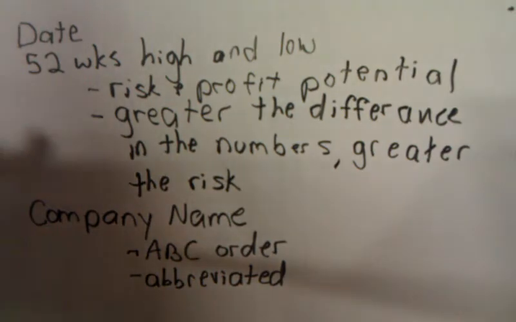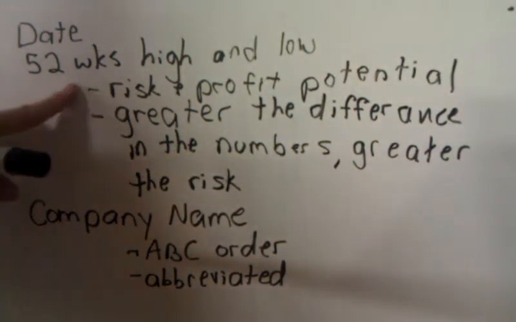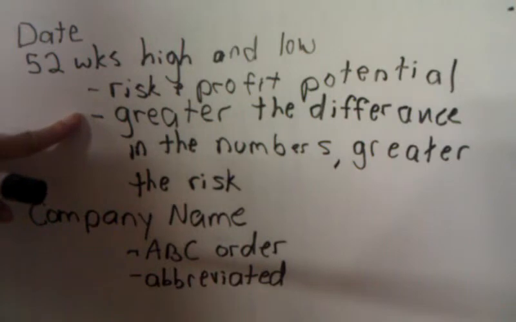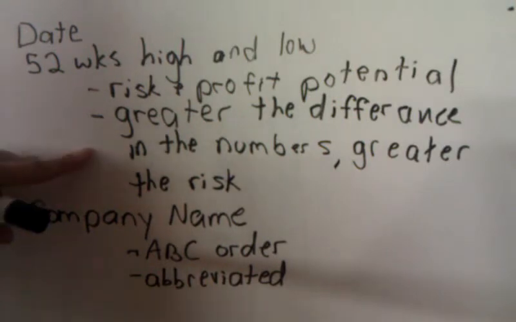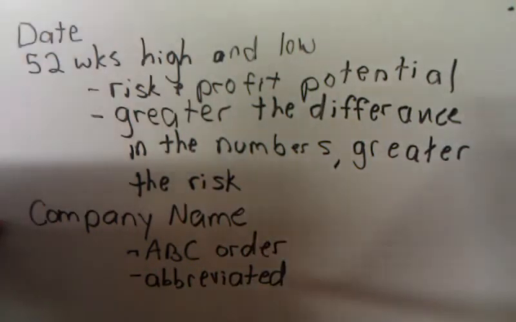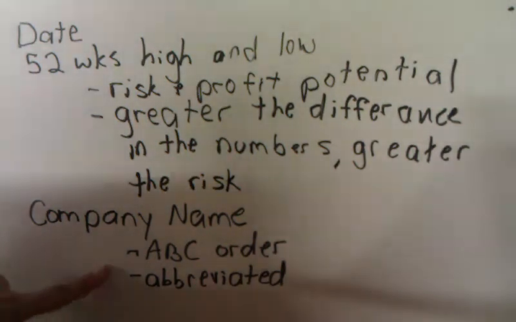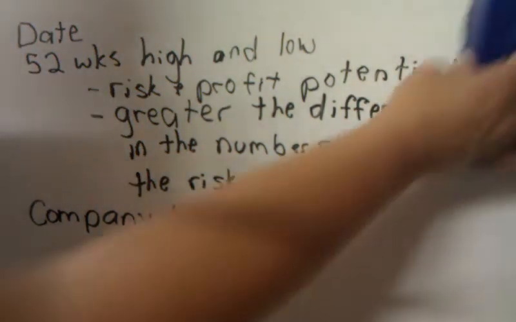Okay, we said that in the newspaper we're going to see the 52 weeks high and low. That's the risk and profit potential. The greater the difference in the numbers, the greater the risk. We're going to see the company name, which are in ABC order and they're abbreviated.